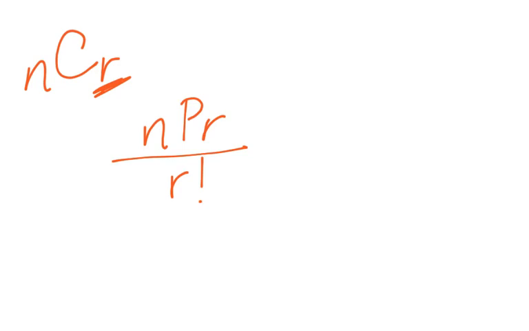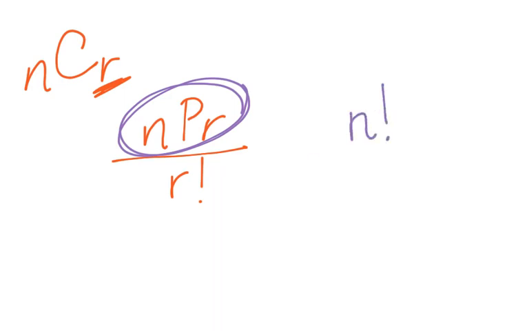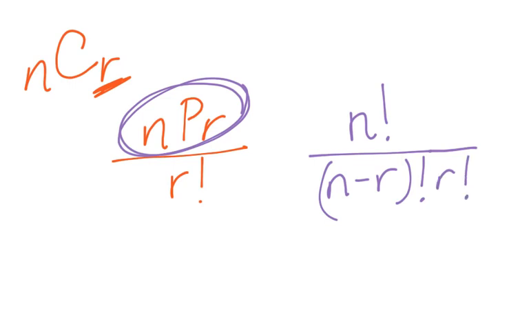If you think about it, n permute r is the same thing as n factorial divided by n minus r factorial. Then dividing that by r factorial is the same thing as multiplying by the reciprocal, or 1 over r factorial. That would show up right here.